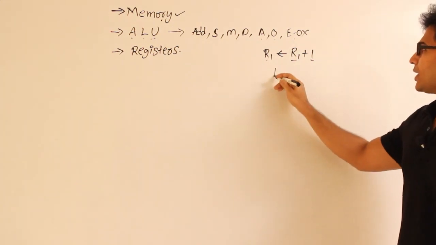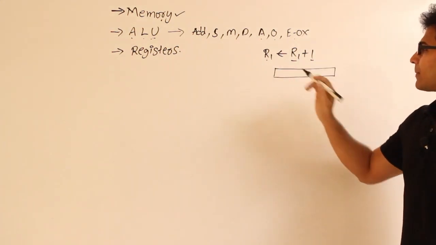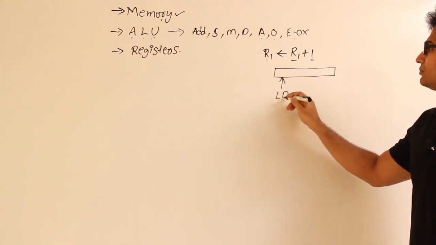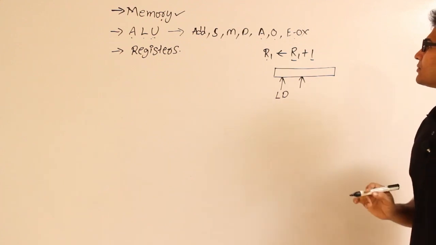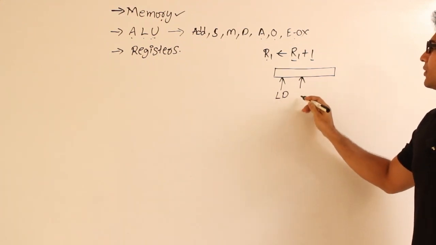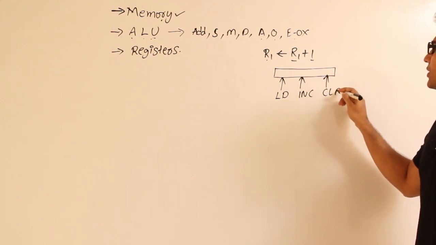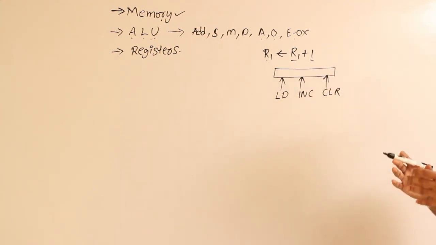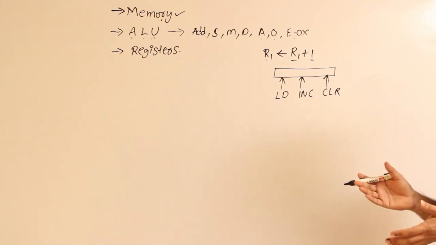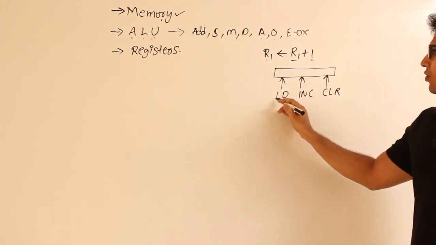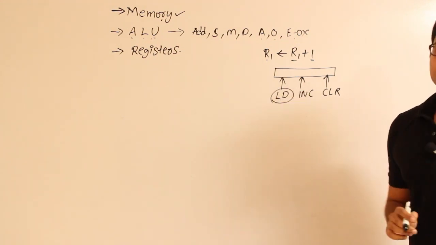Therefore, if you look at a register, you can perform one thing which is load, another thing which is increment, and another thing which is clear. All these operations can be performed. If you connect it in the right manner, you can use it for all these purposes. Got it? So you can load all the bits.